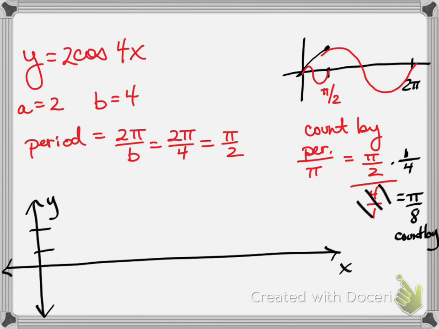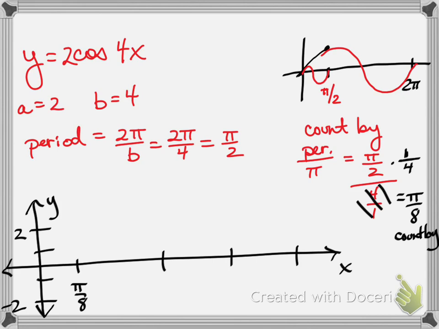We have an amplitude of 2 this time. And we're going to count by pi over 8. So we have 1 pi over 8. Well, we could go ahead and get all of our marks. The full length, the half length, and the half and the half.